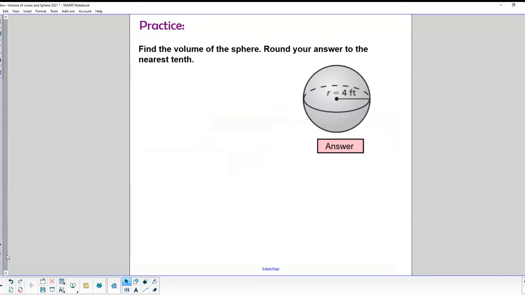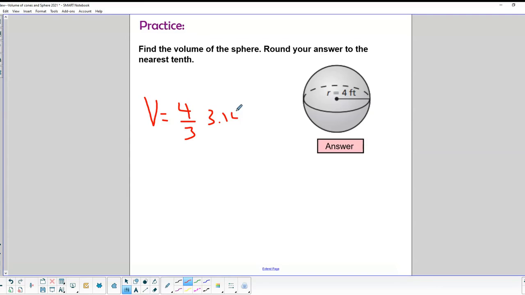Okay, here's another one. We've got the volume of a sphere. Round your answer to the nearest tenth. All right, so let's write it out. Volume equals 4/3 times 3.14 times the radius cubed, 4 to the third power. So we get our calculator. 4 divided by 3 equals that.